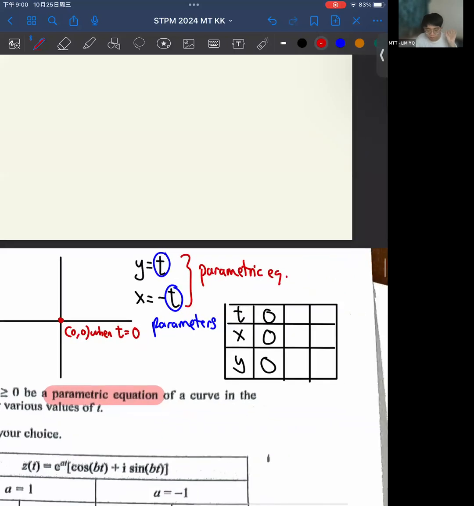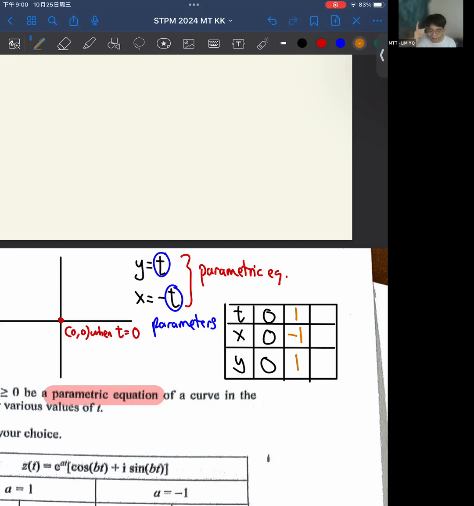Now let's plot 2 more points, can or not? So let's say I plot 1. When t equal to 1, what is your x? Your x is negative 1, because negative t, and your y is t, which is 1. Now look at this.